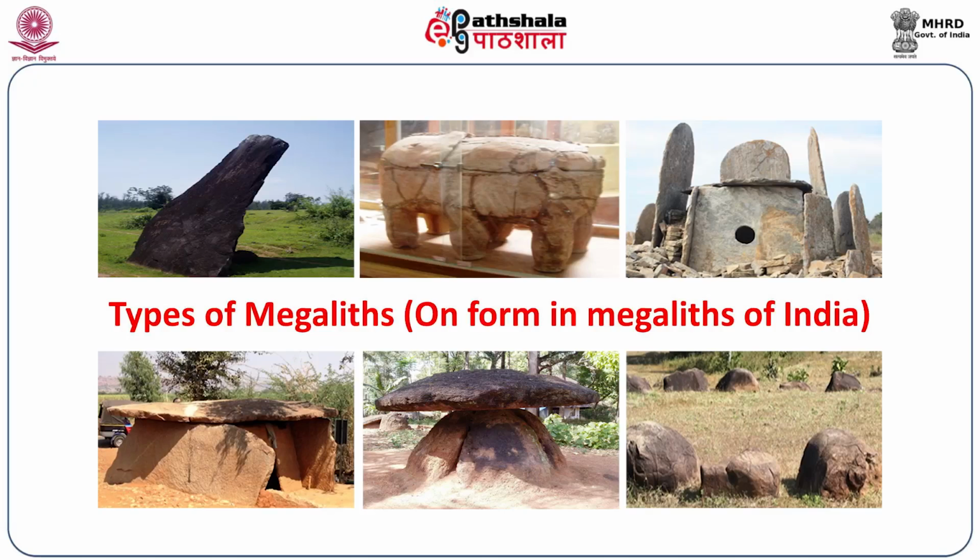It is an endemic form found mainly in Kerala. One on the lower right is called stone circle. Such circles are found very commonly in India and many parts of the world. These are the different types of megaliths which are commonly occurring in southern India.